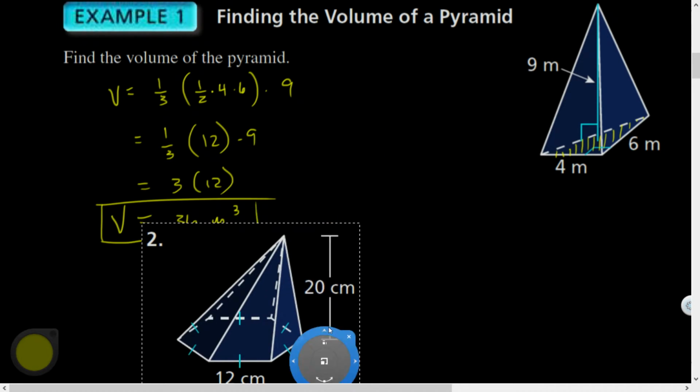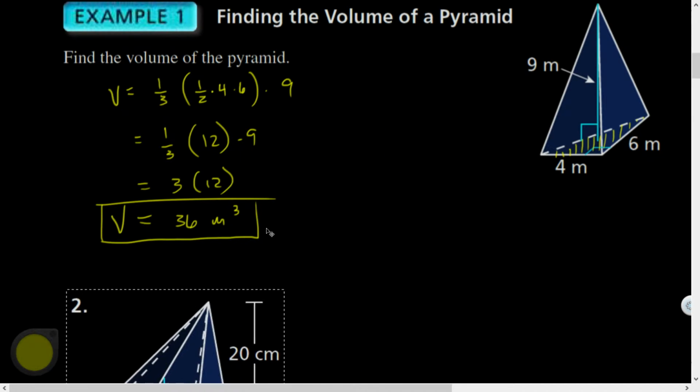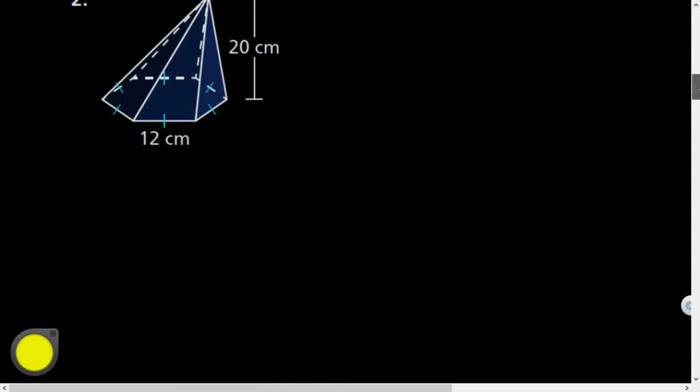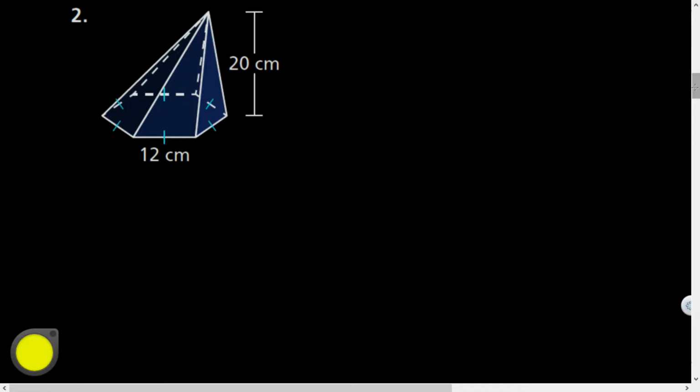Let's do monitoring progress question 2. What is the name of this pyramid? Hexagonal pyramid. Now, this is a regular, well, that's actually interesting.